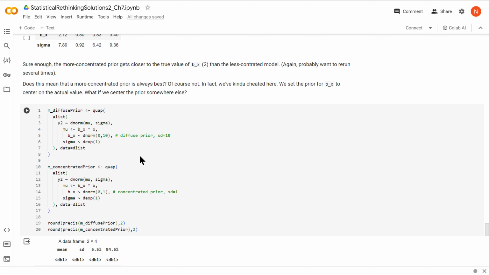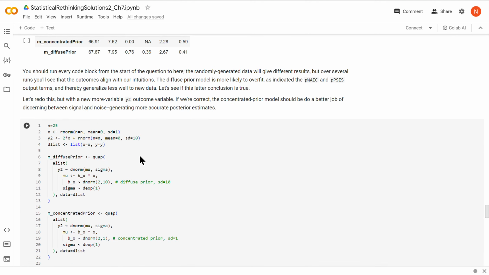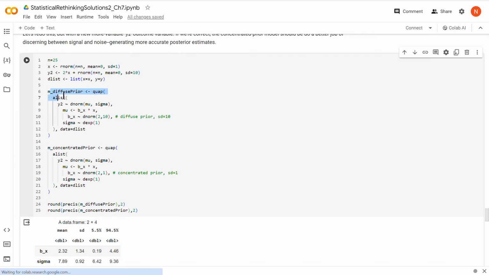So when we did the exercise in the previous problem, we fit a diffuse prior model as well as a concentrated prior model to a regression, where the y variable was a function of x, and it was about twice x.